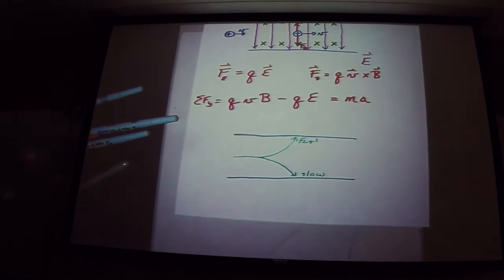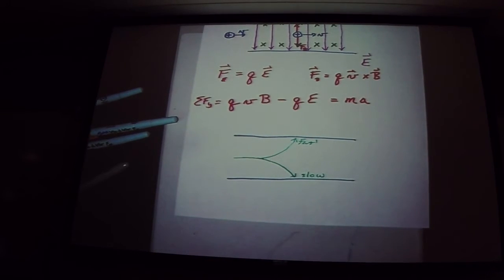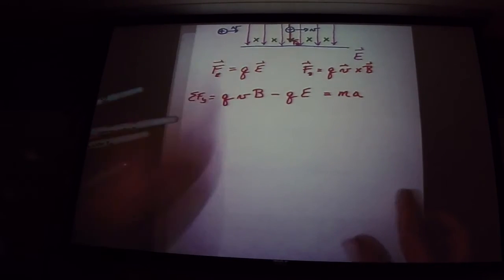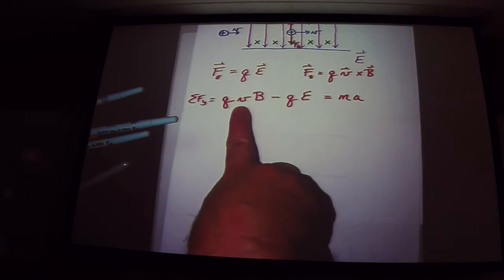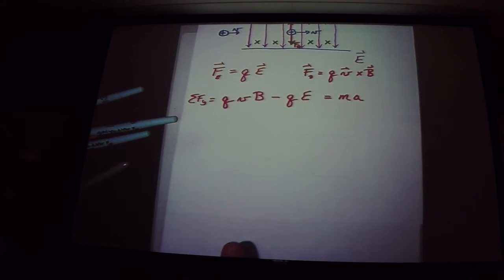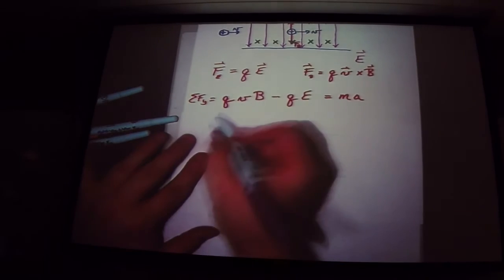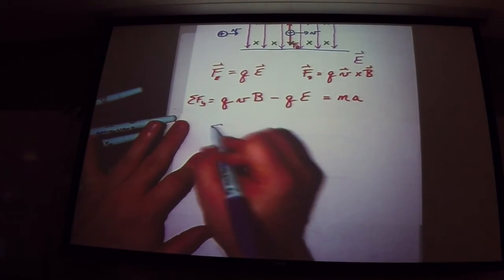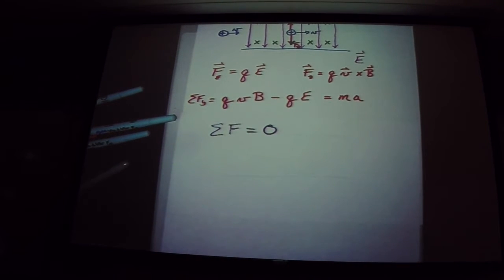Is the electric force always bigger than the magnetic? Not necessarily. It depends on what the velocity of the particles is, because one force depends on the velocity and the other one doesn't. So there is such a velocity at which the sum of the forces is equal to 0.